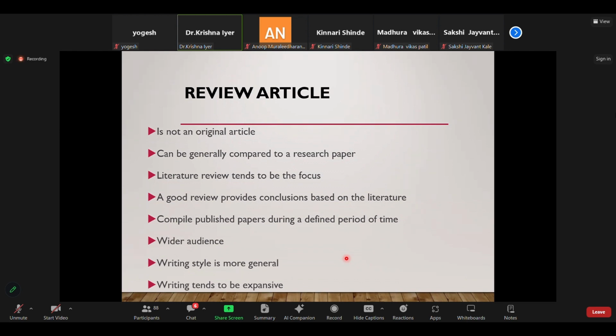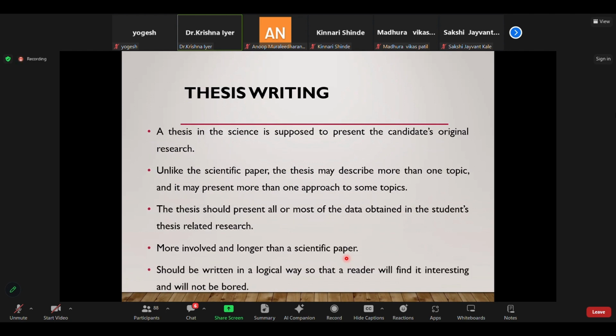You know, in that you can make statements which are many times a no-no in a research paper, simply because you are actually, as an expert, looking at whatever is there and giving your own interpretation of where the field of study is standing. Okay, so you get a little more leeway in writing a review article.